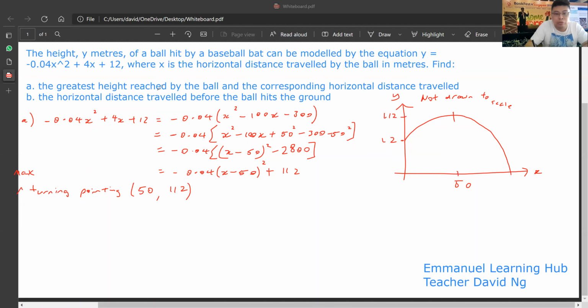Okay, the greatest height reached by the ball and the corresponding horizontal distance traveled. So the greatest height reached by the ball is 112 meters.